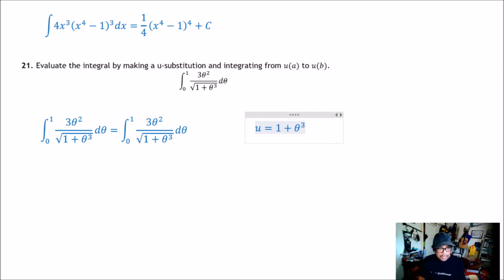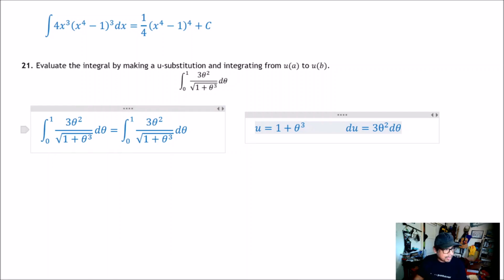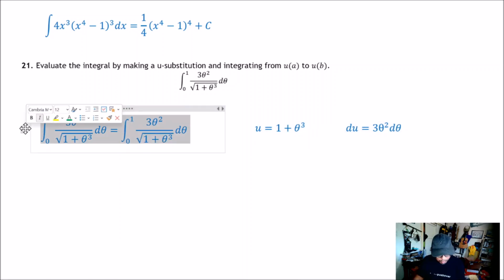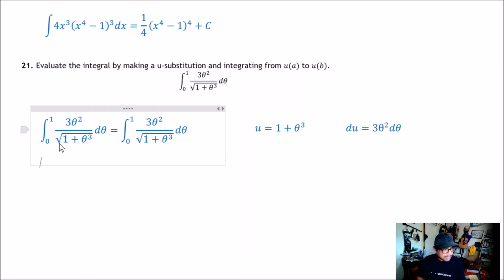So that gives us a couple of things. That gives us that du is going to be 3 theta squared multiplied by d theta. Okay, so now we can make our substitution pretty clearly.